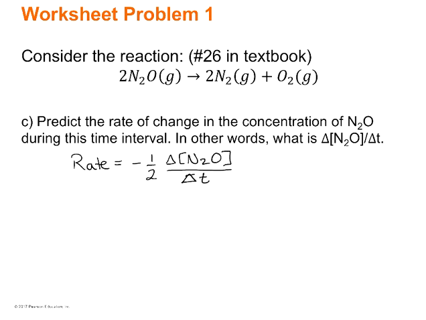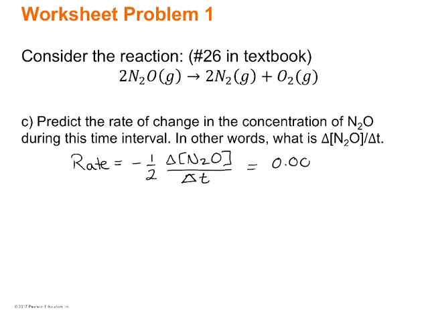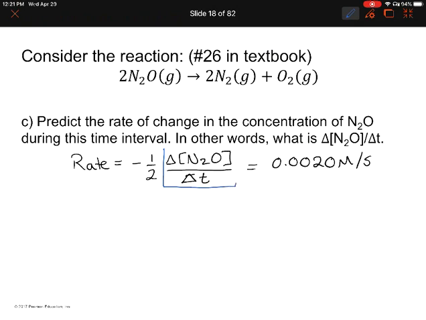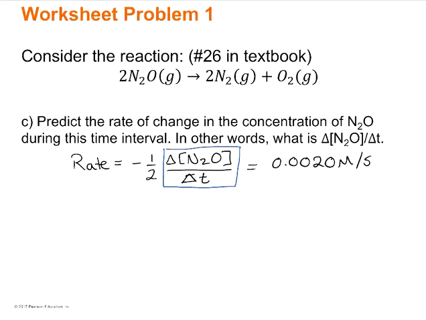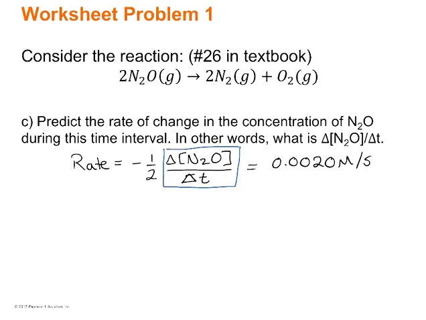And we already said that the rate from the previous slide is 0.002 moles per liter per second. So now what we want to solve for is just the change in concentration over time for N2O. All right, so what we'll probably do is multiply both sides by -2 so that it cancels.